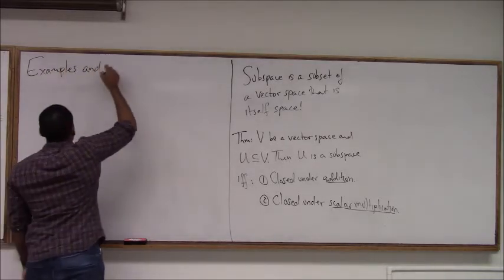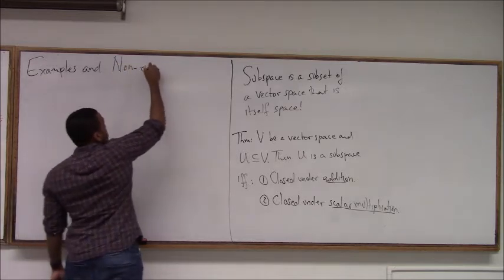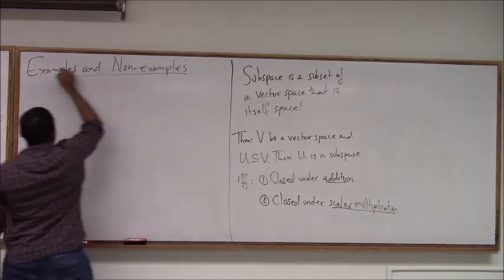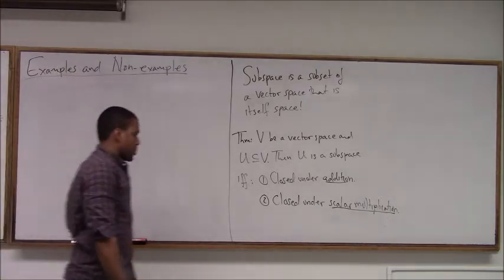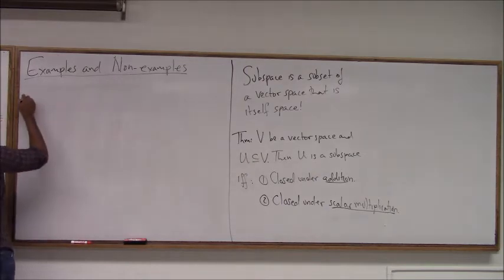And especially when you're exploring a new idea, it's often useful to look at non-examples as well. Something that might almost seem like it, but it's not quite it. There are some very important examples. For example, one is called the zero subspace.